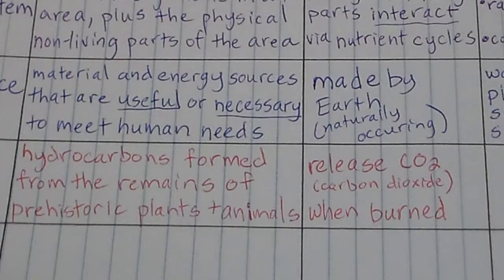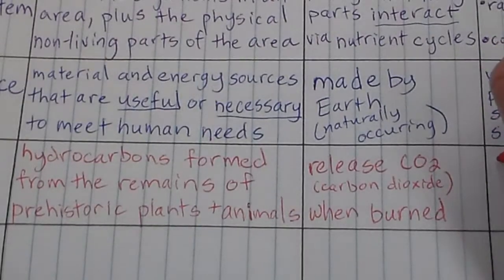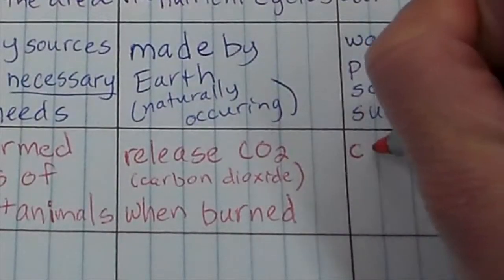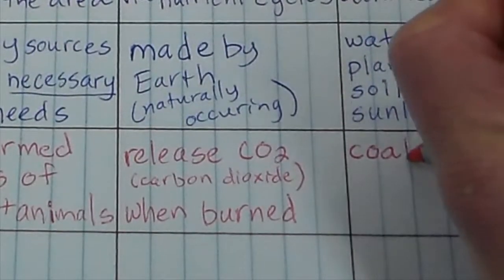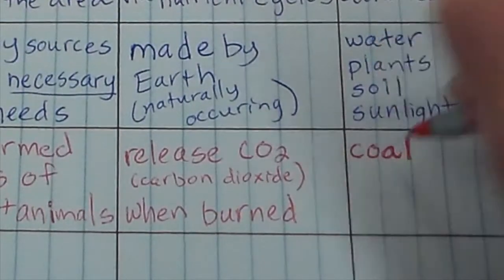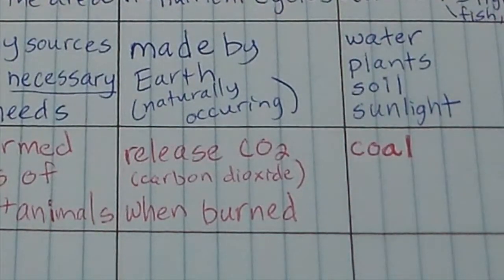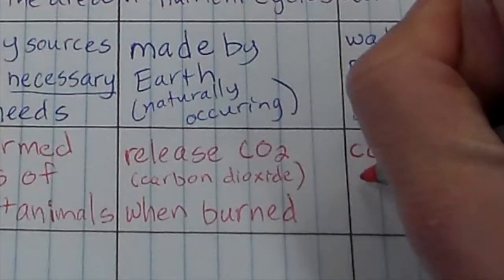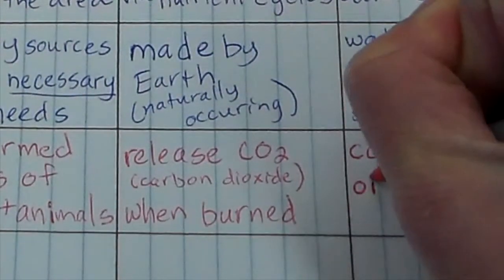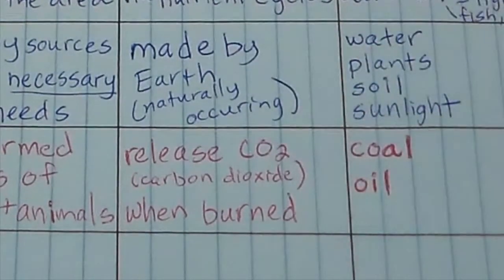So what exactly are fossil fuels? Well, there are 3 of them that run most of our society. There is a rock that's called coal. And coal isn't just your average rock, it's a rock made of prehistoric plants and animals. We have the liquid version, which is oil.